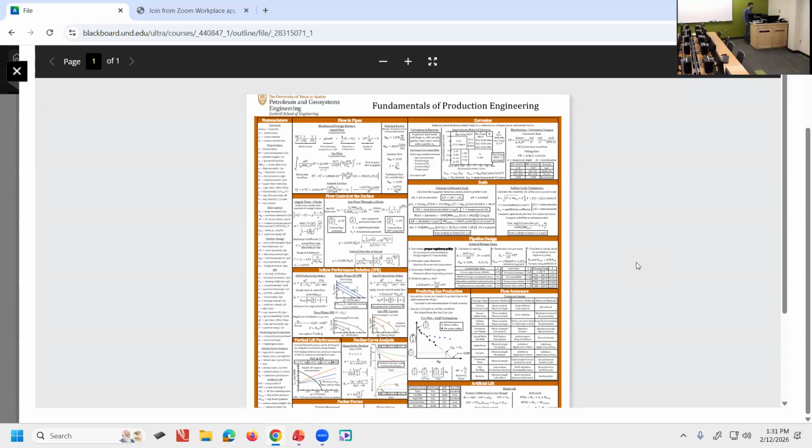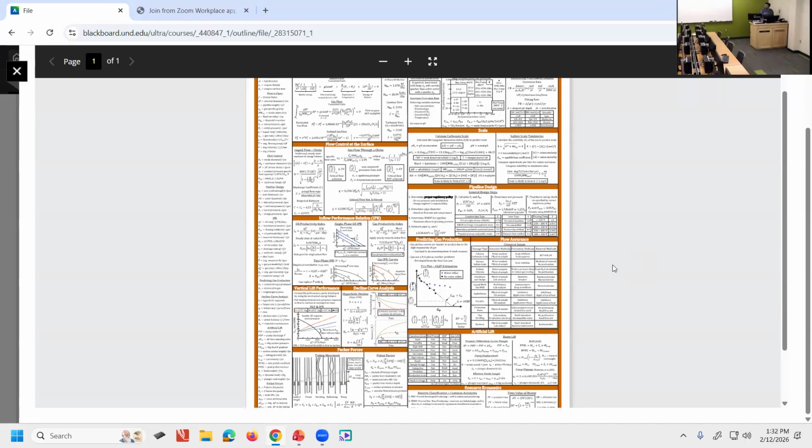I don't know what happened of him, but he basically came up with equation sheets for drilling, production, reservoir, thermodynamics, petrophysics, and he even did another one that the relevant professor did not allow to be published, which is ridiculous, but I have the electronic copy of that as well. I was friends with this student, so he shared everything with me. We were in the Petrobowl team together. But yeah, this could be helpful in this class.